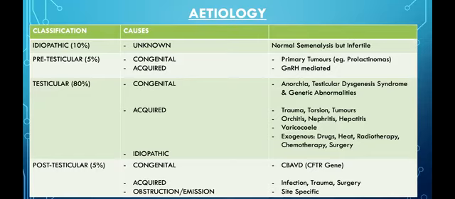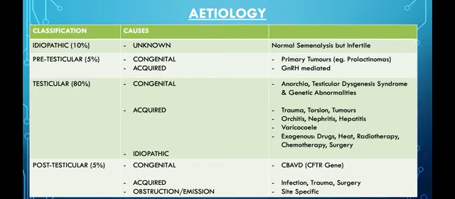When breaking down the etiology of azoospermia, one can classify it into idiopathic, which is about 10%, where the cause is actually unknown, the semen analysis seems to be normal, but the couple is infertile.